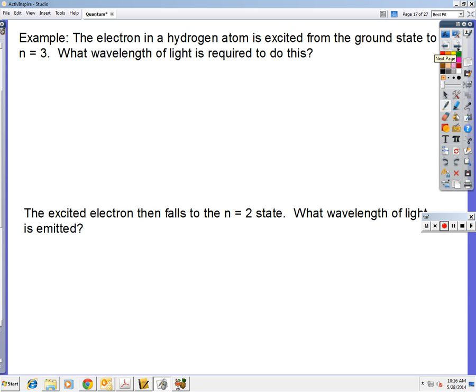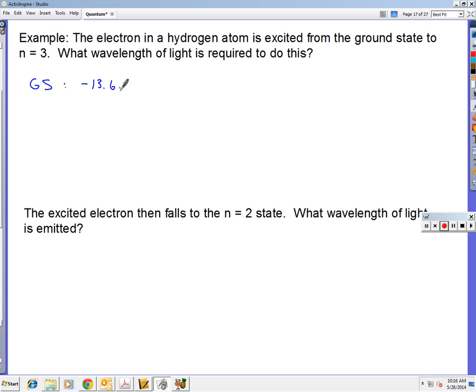So now let's do an example. The electron in a hydrogen atom is excited from the ground state, which is n equals 1, to n equals 3. So the ground state energy is negative 13.6 electron volts. The n equals 3 state has an energy of negative 13.6 electron volts divided by 9, 3 squared, which is negative 1.51 electron volts.